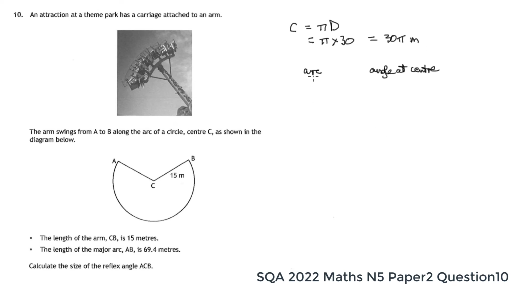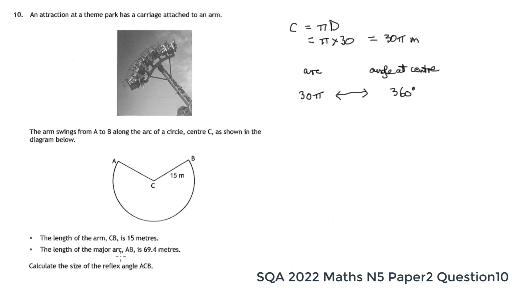Well, we know that when we've got the full circle, that's an arc, its length is 30 times pi, which goes with 360 degrees at the centre. And remember we said these things are in direct proportion. So if we half the arc, we'll half the angle at the centre. If we quarter the arc, we'll quarter the angle at the centre, and so on.